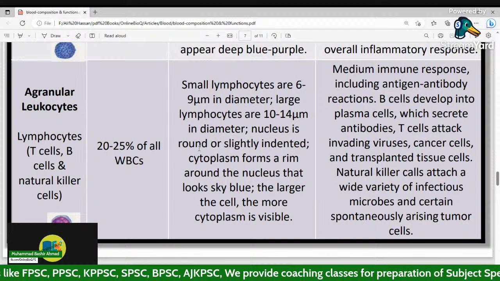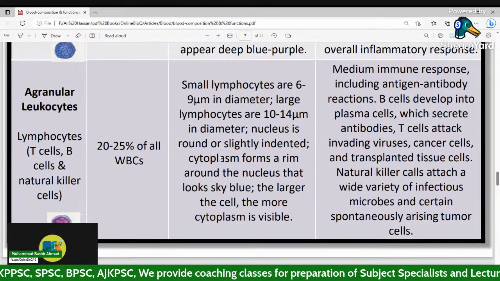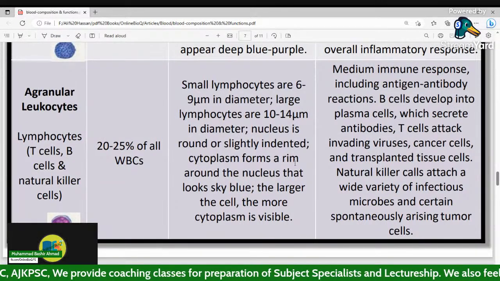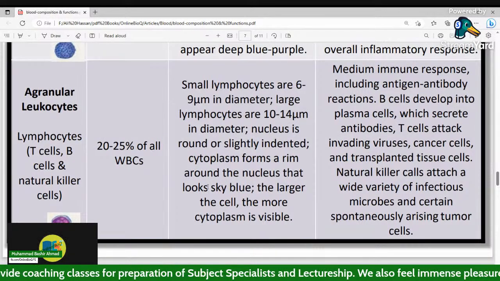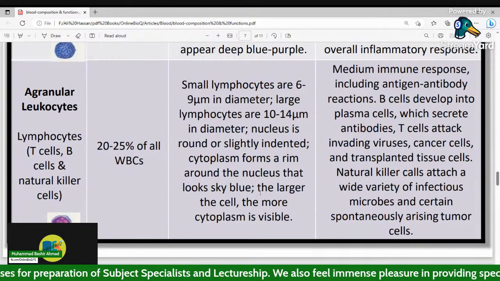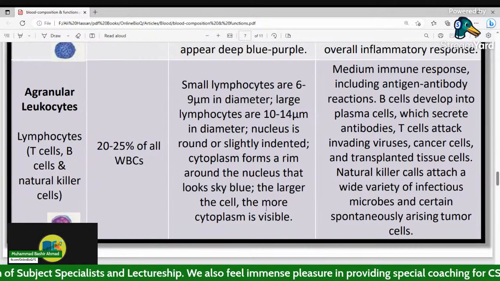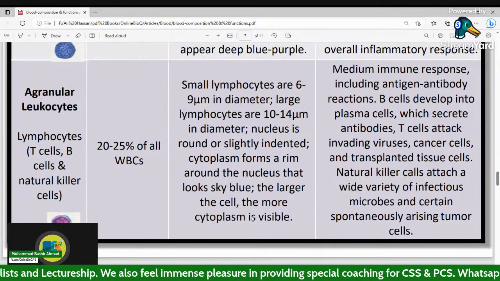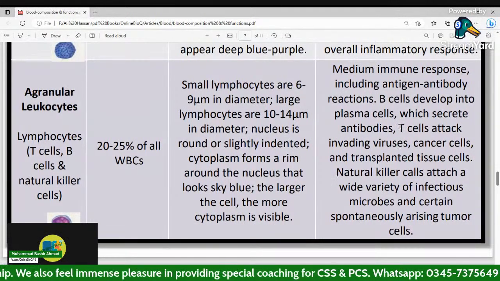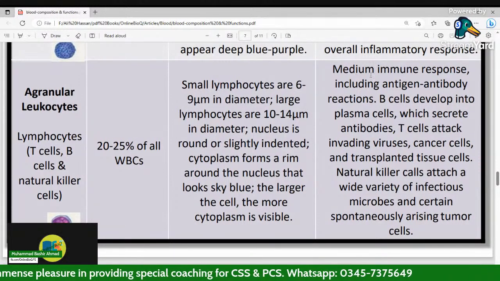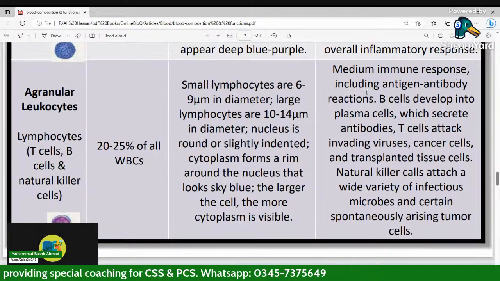The nucleus is round or slightly indented. Cytoplasm forms a ring around the nucleus that looks sky blue. The larger the cell, the more cytoplasm is visible. These have a medium immune response, including antigen-antibody reactions.